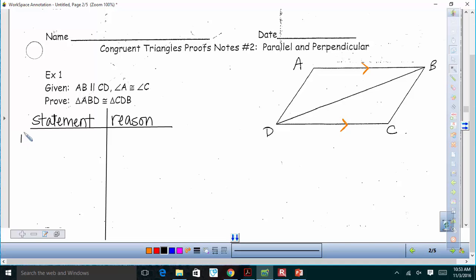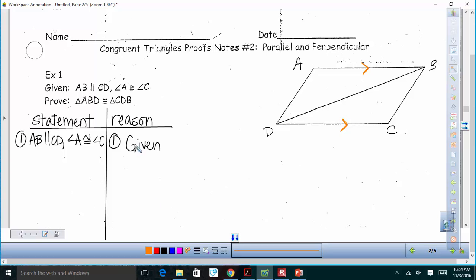Okay, so what's the very first thing that I write? My given. So my given is AB is parallel to CD, and angle A is congruent to angle C. And we know that because it's given.